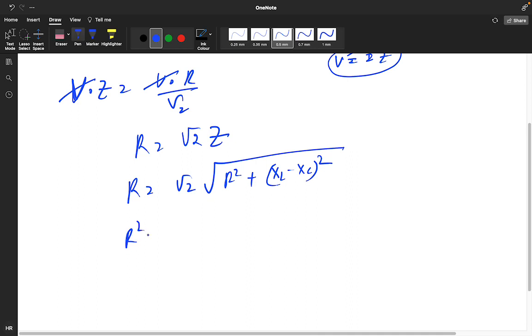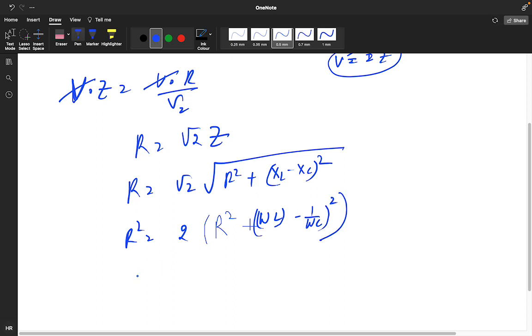So you will get R square plus XL minus XC the whole square, and XL minus XC the whole square you can write as omega L minus 1 by omega C the whole square.